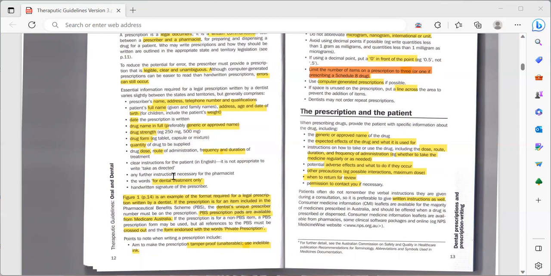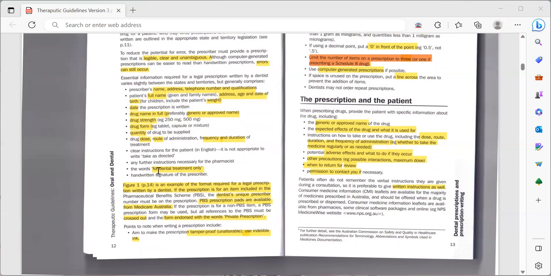And any further instructions necessary for the pharmacist, the words for dental treatment. It is very important that you write down for dental treatment only, because we read in previous pages also that this book only tells us whatever the dentist has to do, and you are only prescribing the drugs to the patient where there is a dental need. And then your signature.